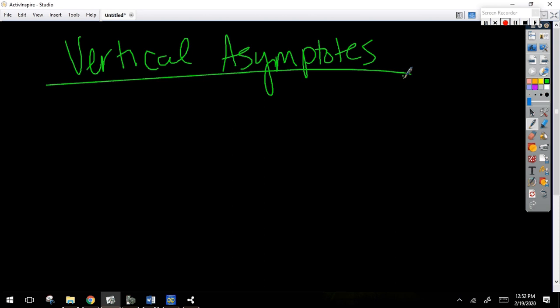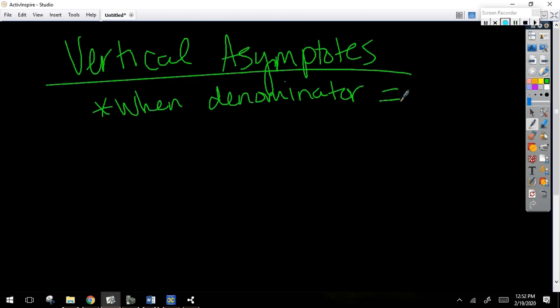And so my vertical asymptotes, so up and down, are going to occur when the denominator equals 0. What's the denominator? The bottom. They're going to happen when the denominator equals 0.